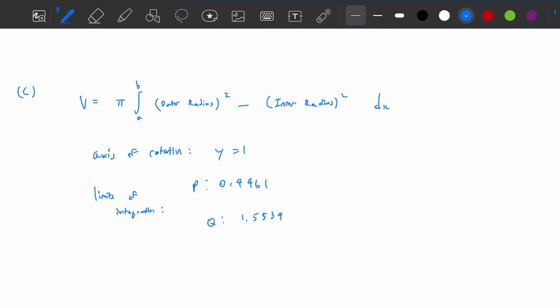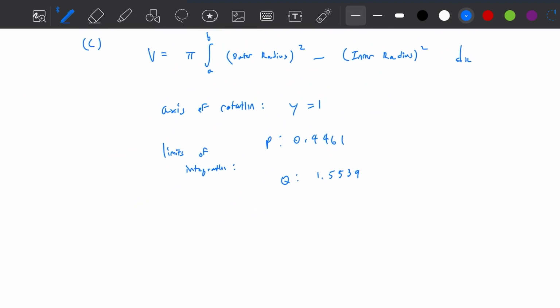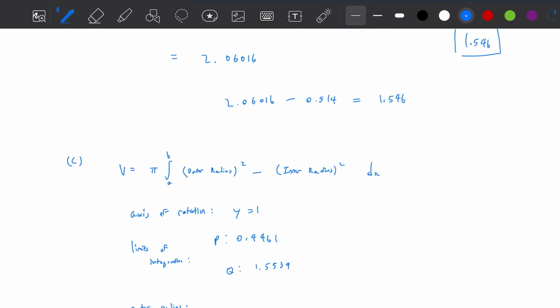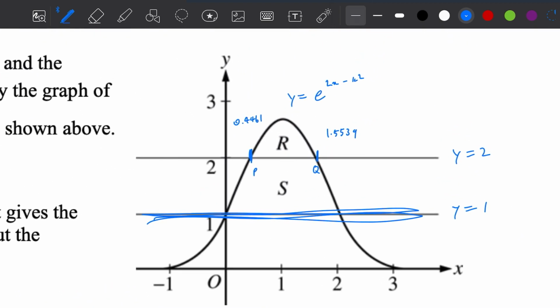Now we will find the outer radius. The outer radius will be the distance from the axis of rotation to the outermost boundary, which would be the curve y equals e to the power of 2x minus x squared.